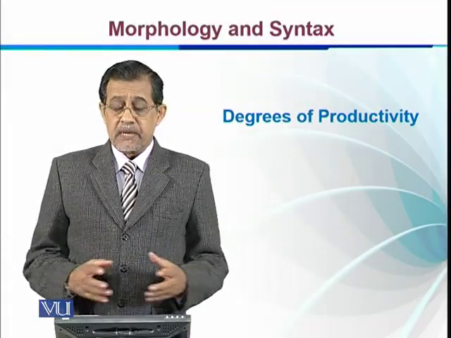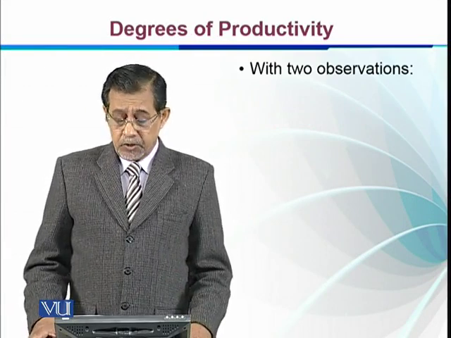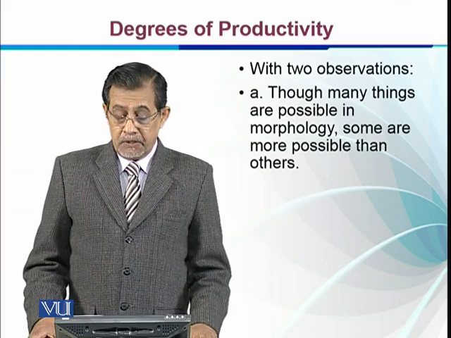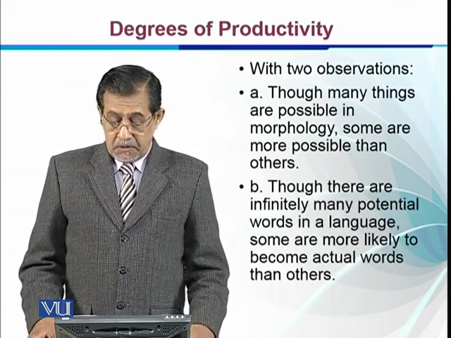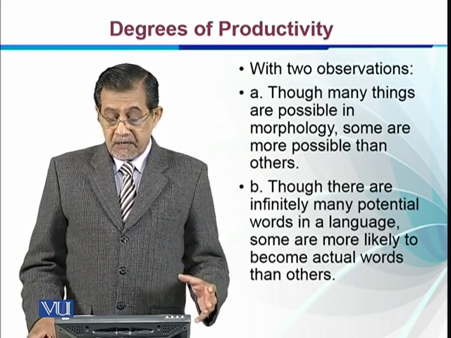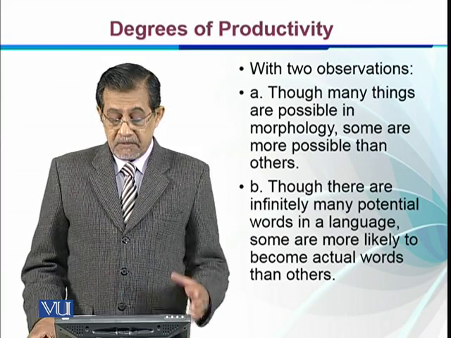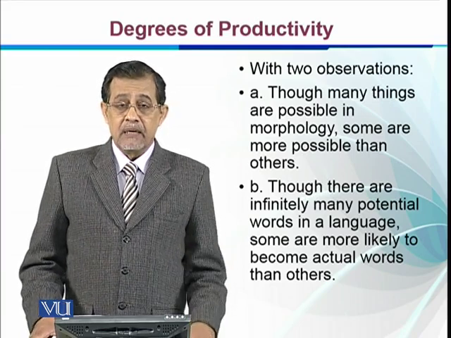Degrees of productivity. We can start with two observations. Though many things are possible in morphology, some are more possible than others. Though there are infinitely many potential words in a language, some are more likely to become actual words than others.